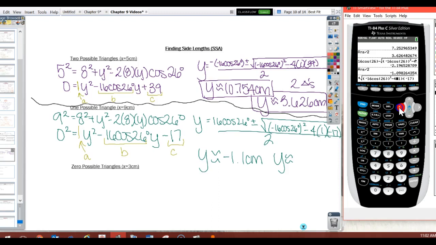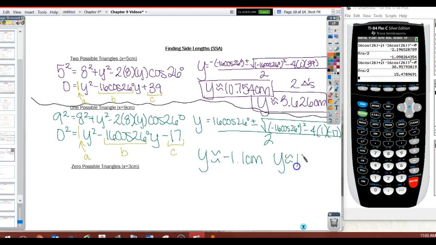So we'll arrow over, change this to plus, and then we'll divide that answer by 2. And we end up getting our other answer is 15.479 centimeters.